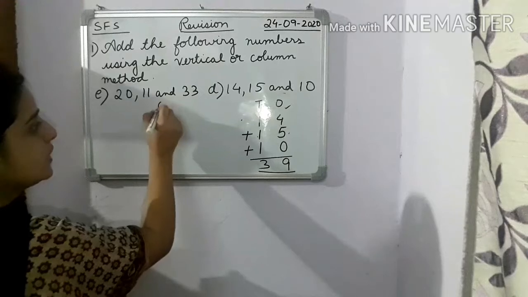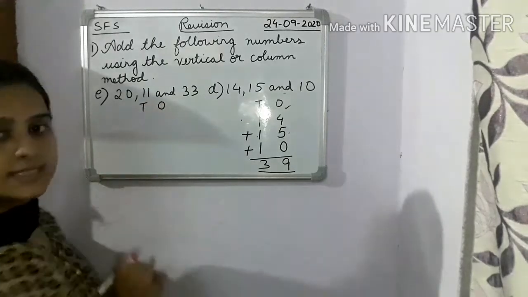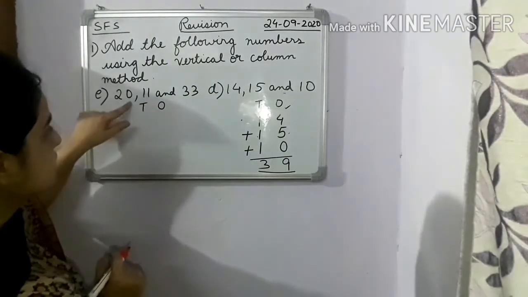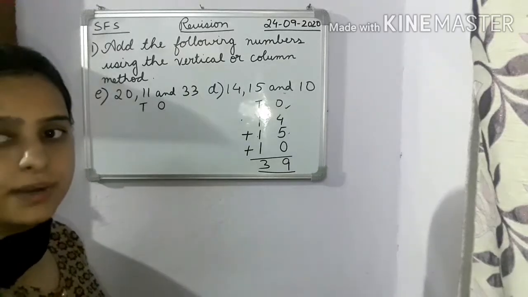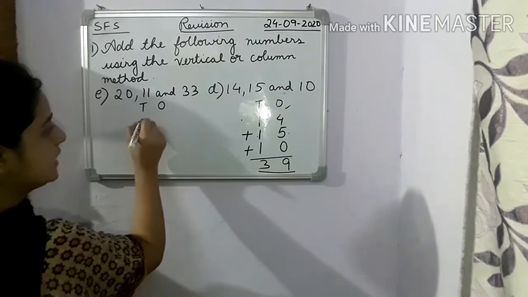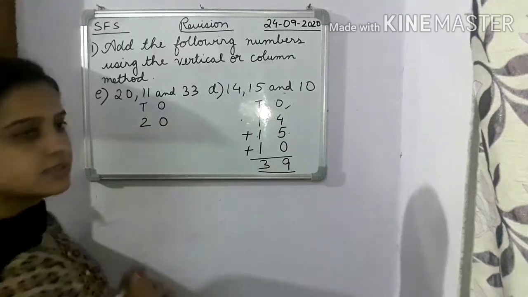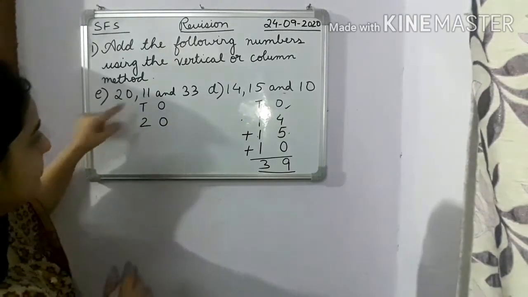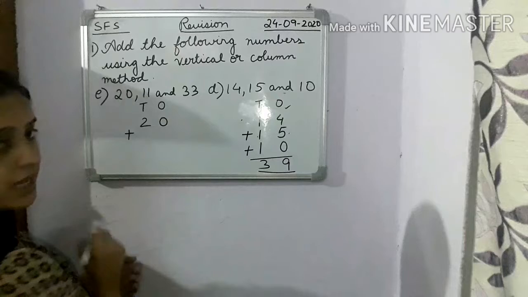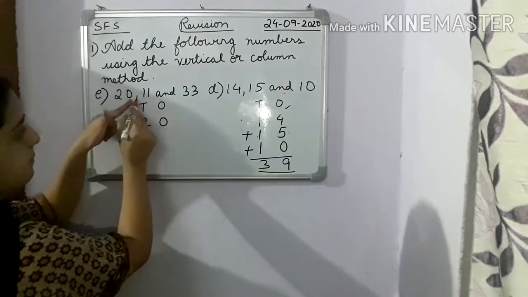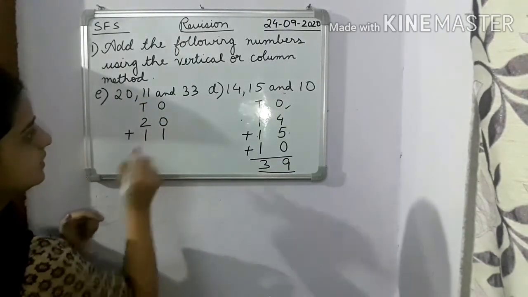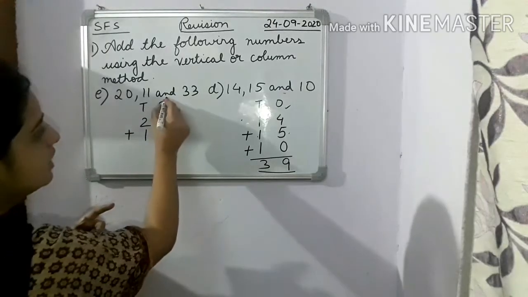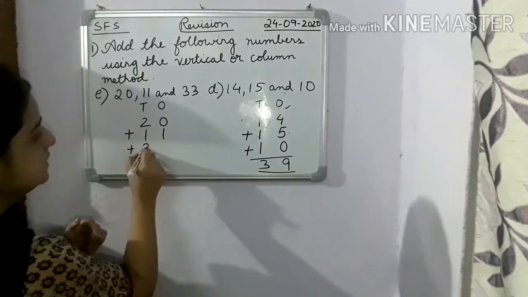So 2 places will come, 1's, 10's. Now first we are going to arrange which number? 20. So arrange 20. In place of comma, we'll put plus here. 20 plus 11. Okay. Then we are going to add 33.